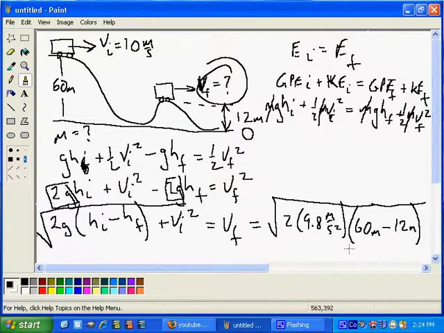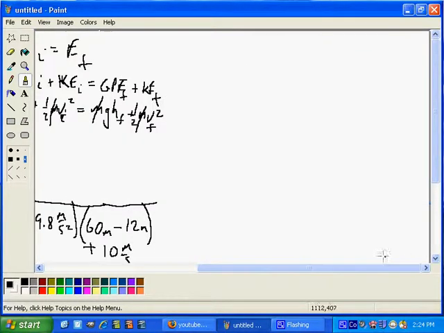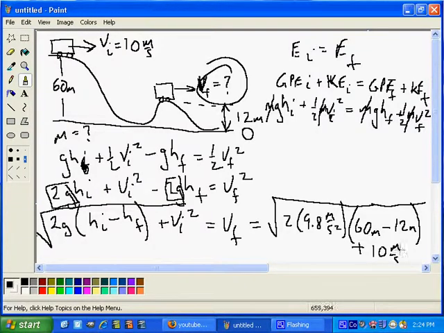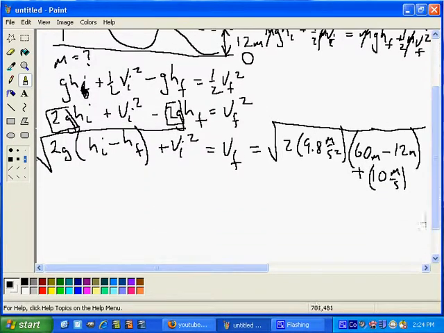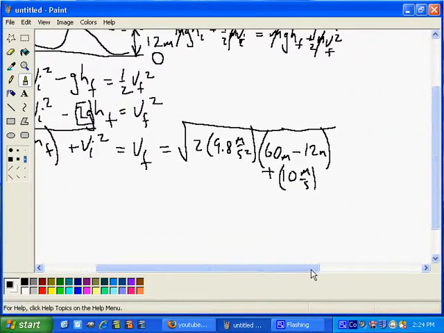And then we still have to add our initial velocity squared. That's 10 meters per second, squared. And all that's underneath here.